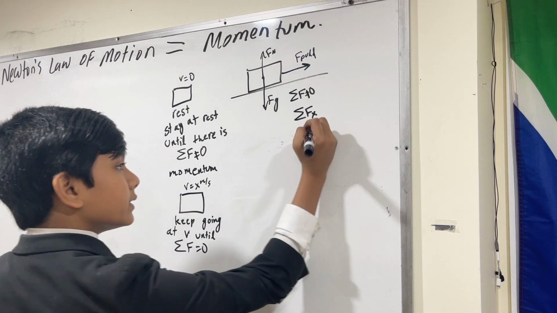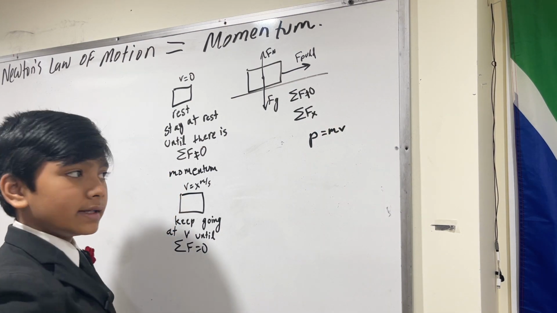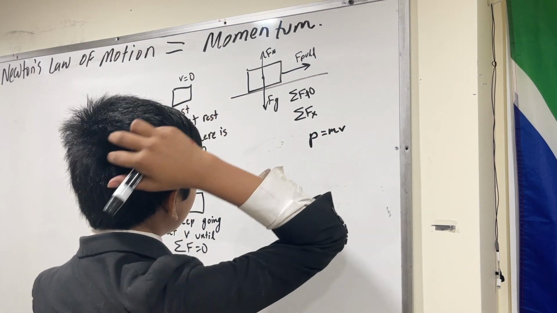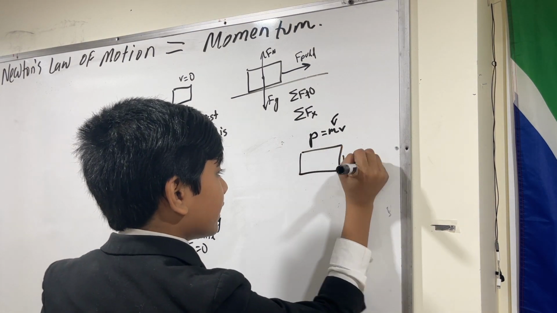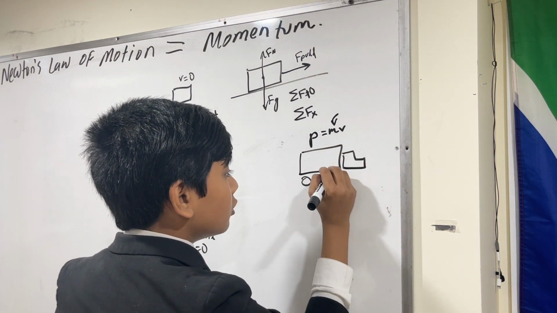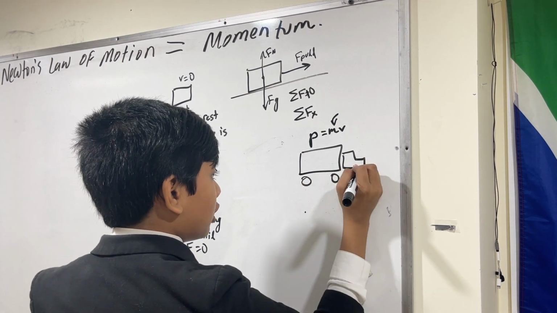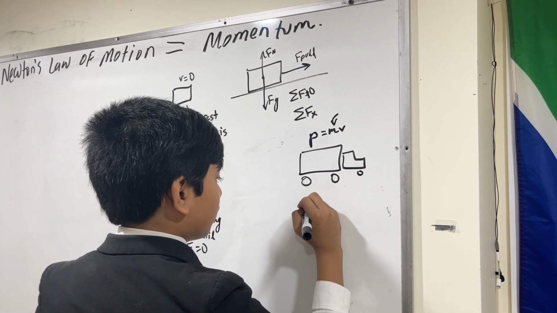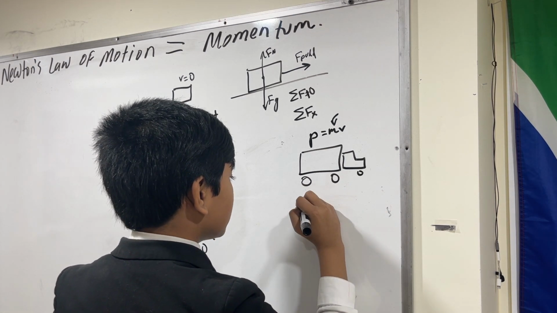Momentum can be found using the equation mv, and we'll explore this later in the future. And why the m? Think of it like a truck, which would be a little harder to stop than a small little car.